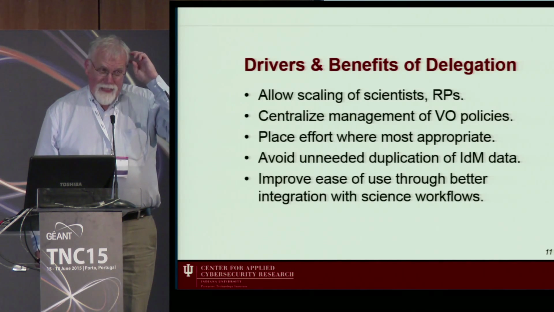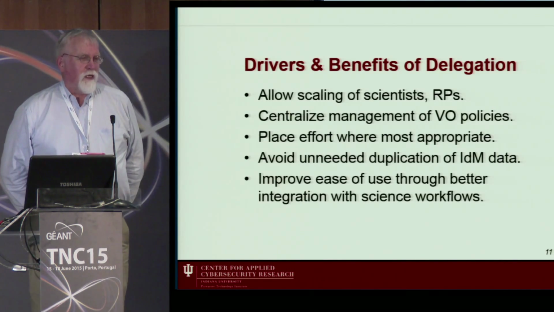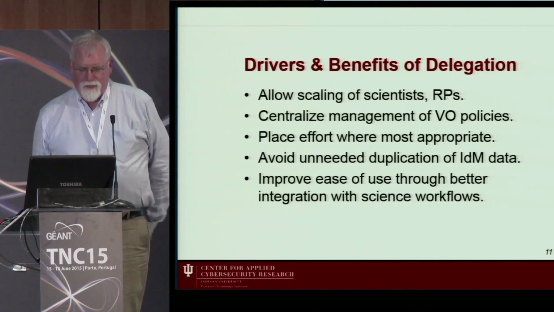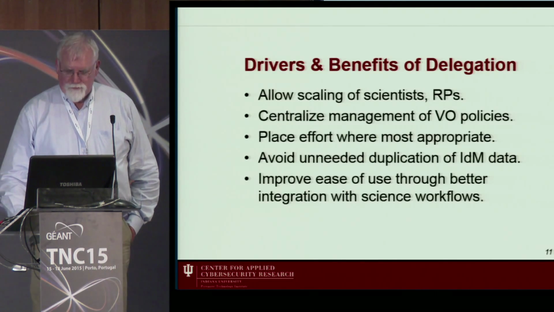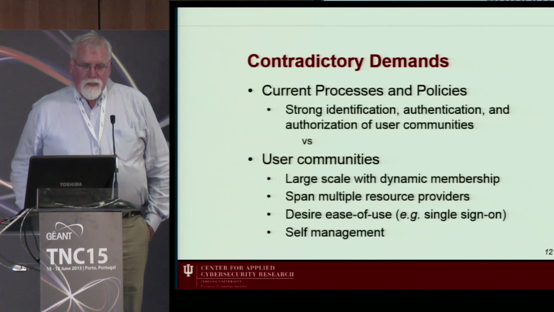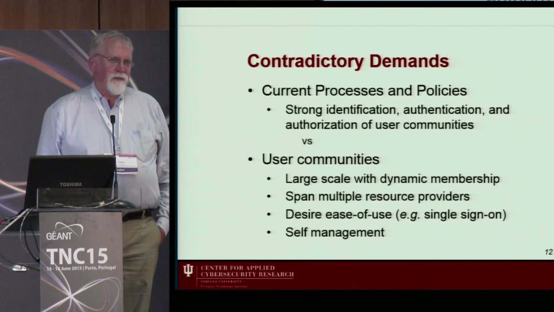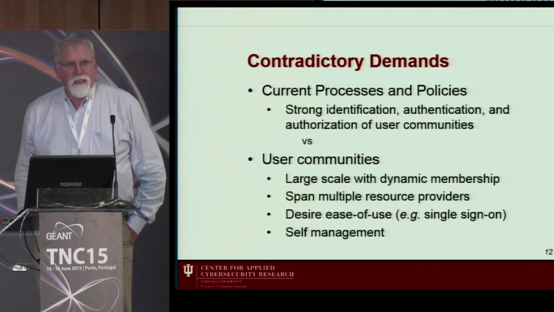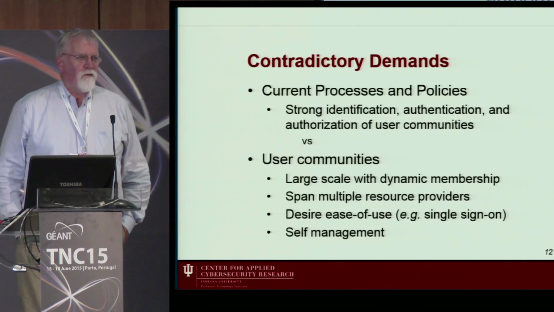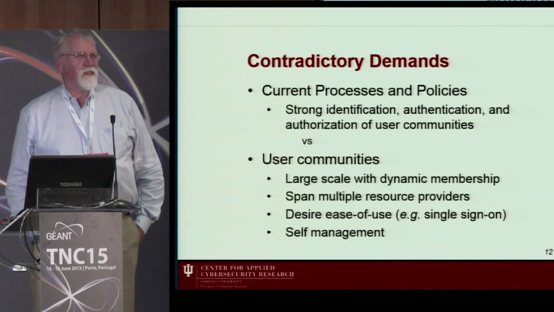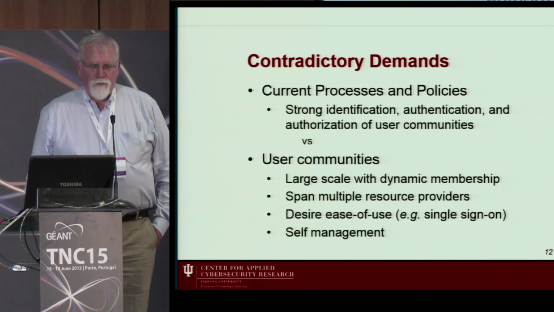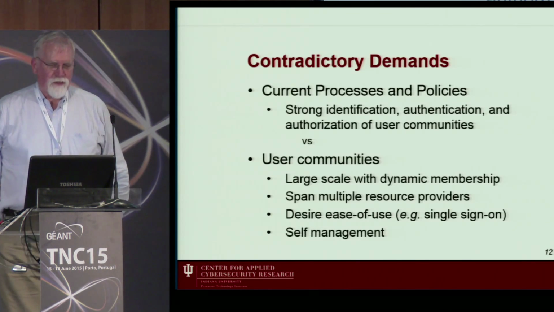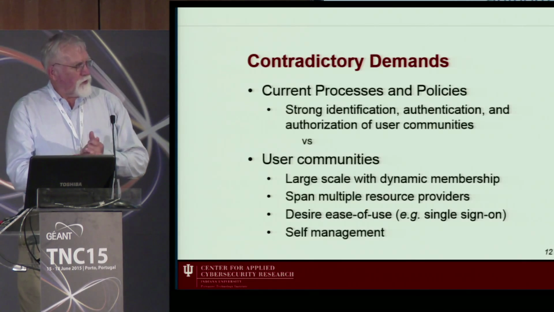Scientists that find they have to get a new user ID and password at every resource provider don't like that very much, nor do they like certificates. But we've got some contradictory demands, okay? So there's still a strong set of policies and current practices at a lot of the resource providers around identification, authorization, things like that of user communities.